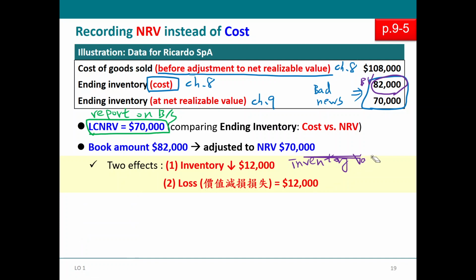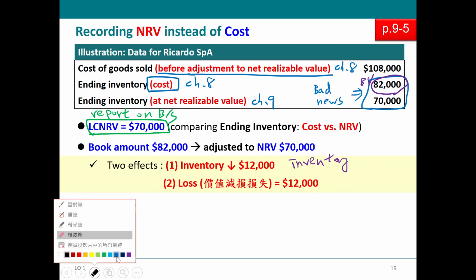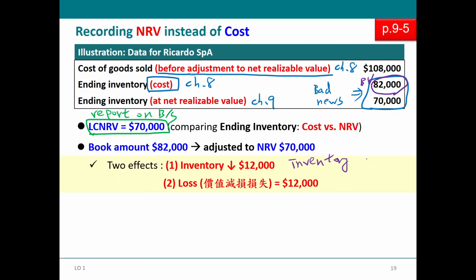And the decreased part is my loss, because of bad news. Okay, so I have a loss. Also, my value decreased. Okay, any questions?